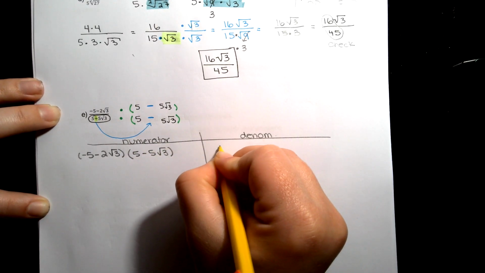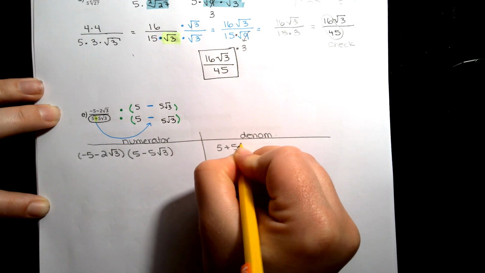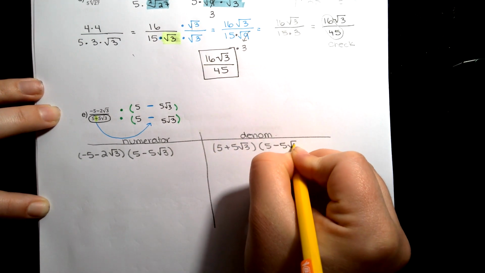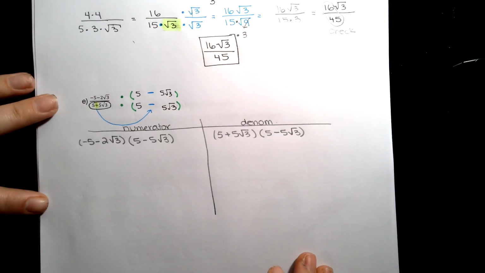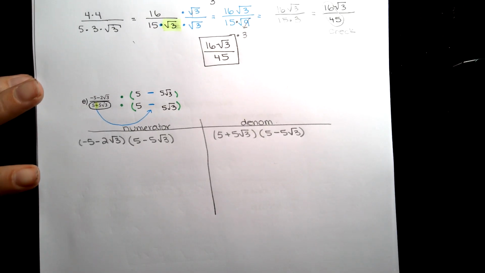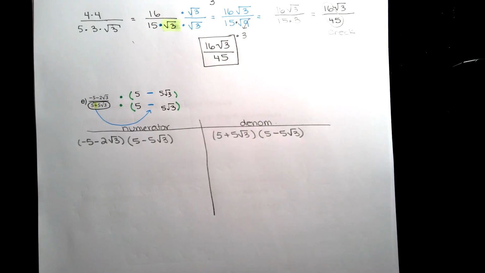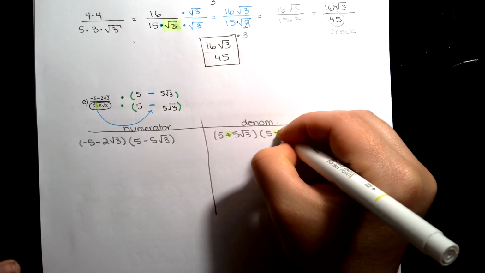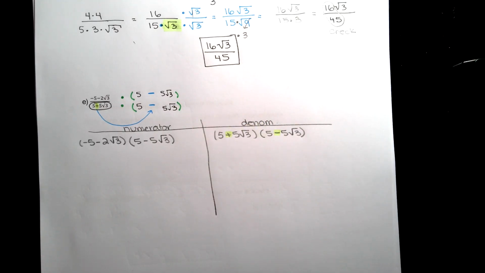In our denominator, we have 5 plus 5 root 3 and 5 minus 5 root 3. In reality, the numerator is typically the more complicated one because we don't have conjugates in the numerator. In the denominator, we do have conjugates. Reminder, conjugates are where everything's the same except this middle symbol. One's a plus, one's a minus, everything else is the same.